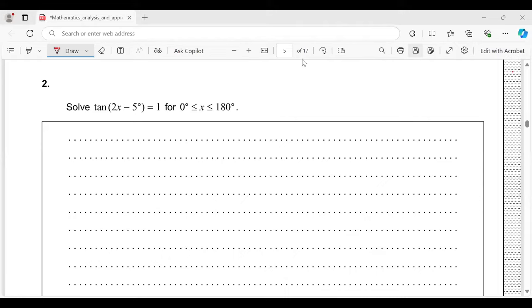Two, solve tan(2x minus 5) equals 1 for x interval 0 to 180.